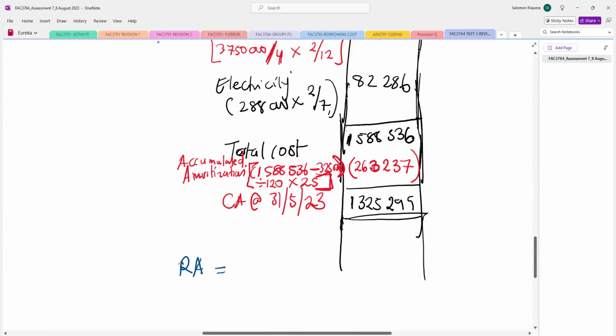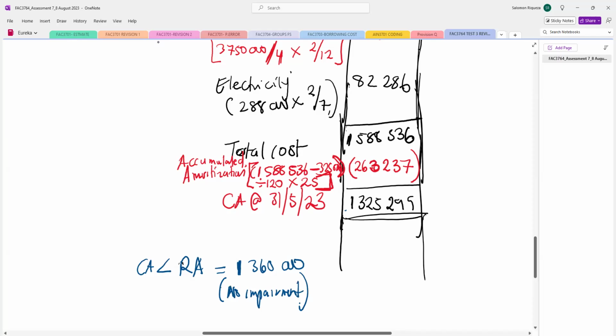Its recoverable amount amounted to 1,360,000. But check this out. This is my recoverable amount. This is my carrying amount. If you check the values, the carrying amount is actually less. So there's no impairment. I don't know if you are picking it up.